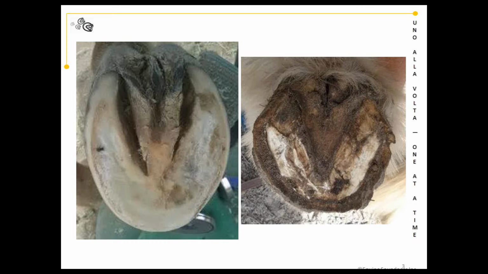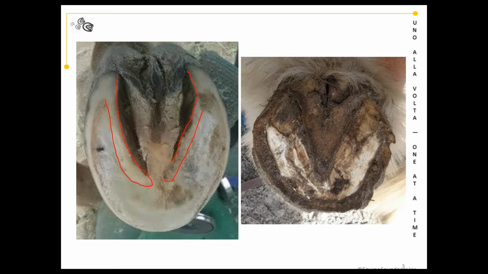And we have here two pictures to depict bar contraction. The one on the left side, that of an actually trimmed hoof, if you follow my red line here, you have bar all the way to here. And on the other side, it is all the way to here.